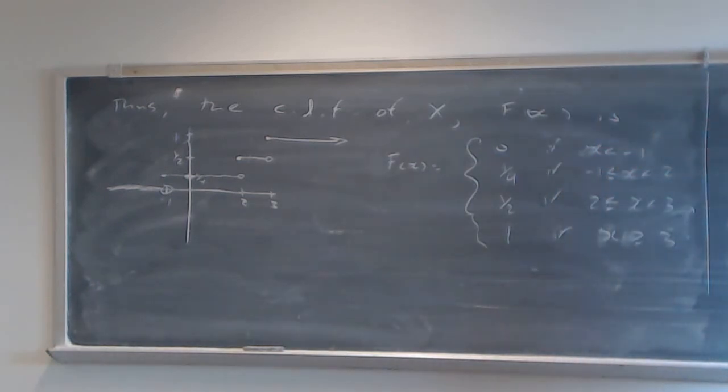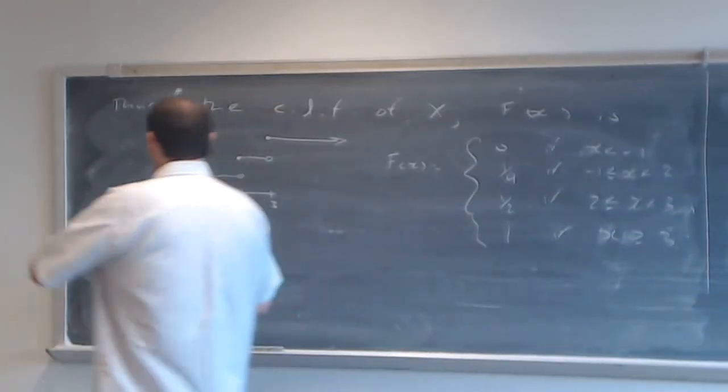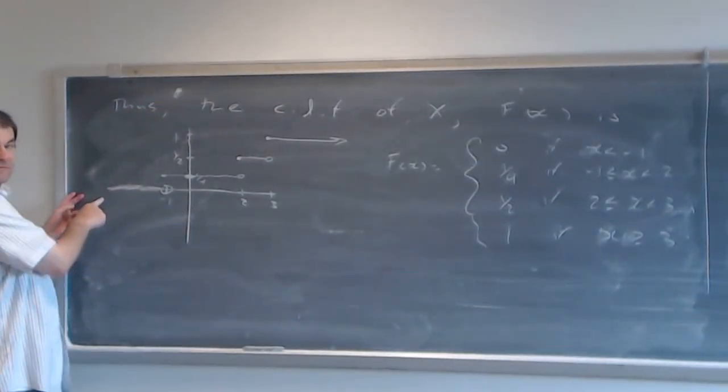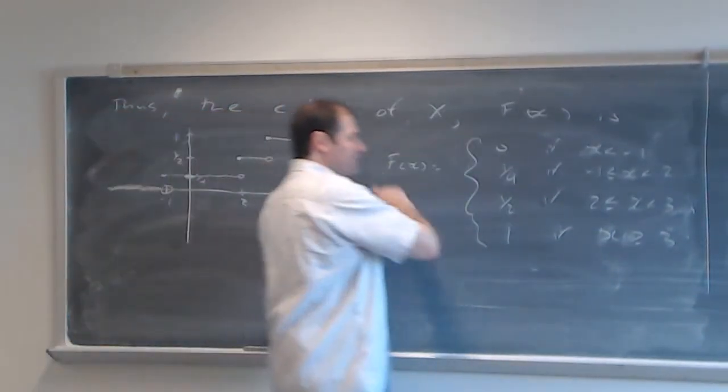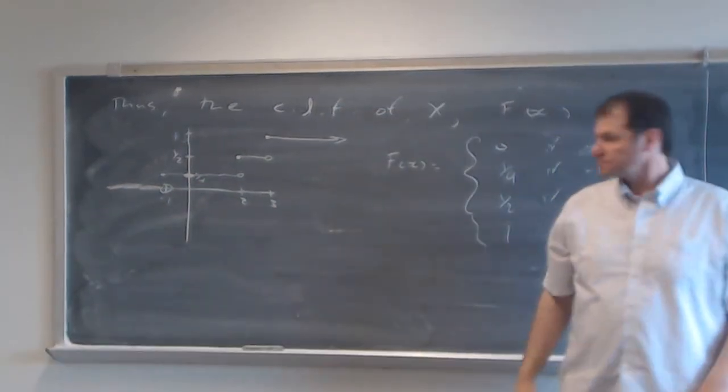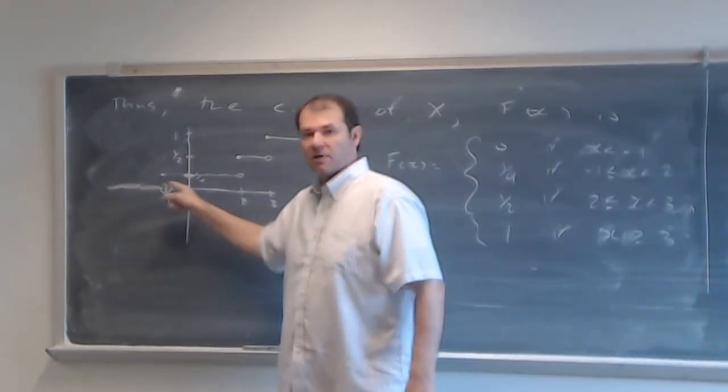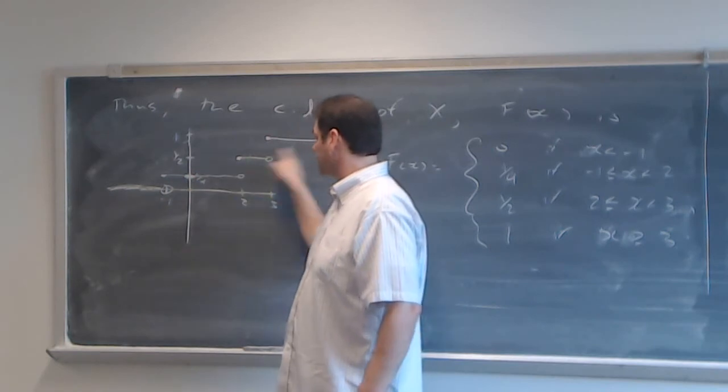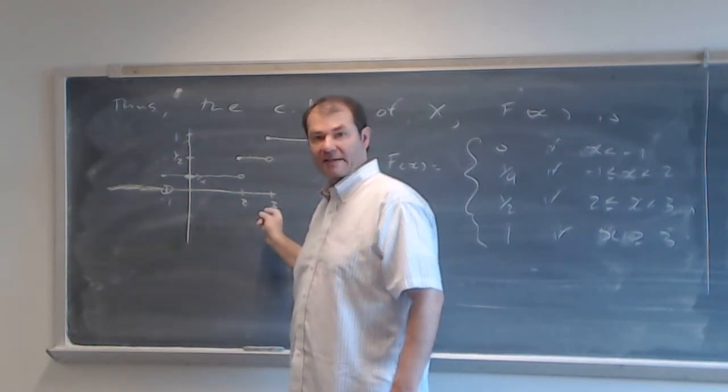And just very quickly, first of all, you go all the way to minus infinity, F of x is 0. All the way to positive infinity, F of x is 1. It's non-decreasing. It's never going down as you read from left to right.